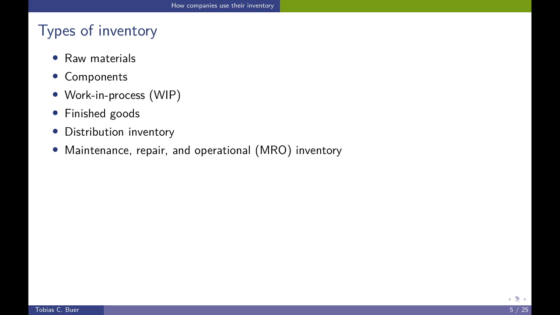Of course, we also have finished goods inventory. Once our products are done, are finished and can be sold, typically we have to wait some time until a customer really can pick the goods, or we can distribute these things. So these are goods ready for sale.